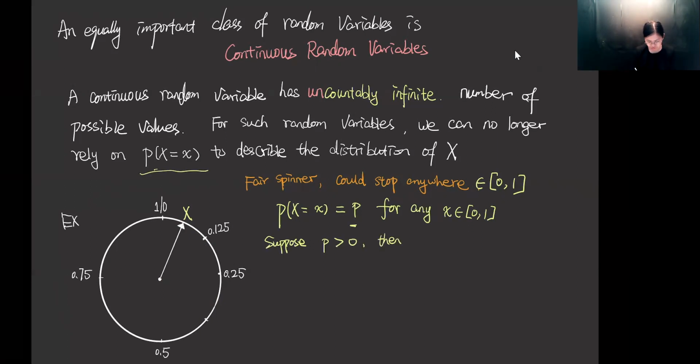Then we can choose x1, x2, up to xn, distinct points. x1, x2, xn are all different numbers, that is, a subset of the interval 0 to 1 of different numbers. Then the probability that X equals each of these numbers should be P by the definition of P.